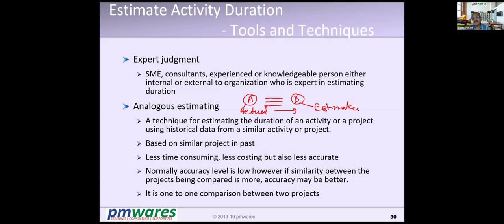Right? So accuracy will not be very high because one project does not represent the organization. Therefore, with one project, I cannot say that this project will also go the same. So the accuracy will remain less.